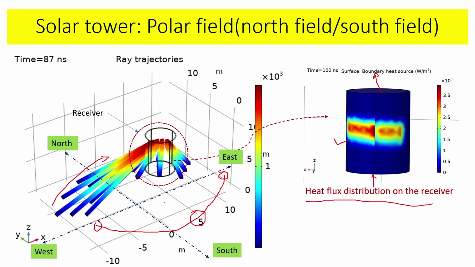So if you have any mirrors or heliostats on this side, they won't be effectively utilized because they would be facing the back side of the sun. The sun will be facing their back side, which is a non-reflecting side. So there is no use of putting any heliostats on this side. Therefore, the heliostats are only on this side. This way we save on plant cost, and hence we try to reduce the cost of production of electricity.